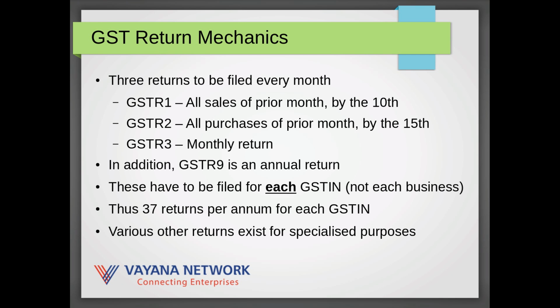A little bit about the returns. There are 3 returns to be filed every month. There has been discussion about whether it's 3 returns or 1 return, but if you look at the nomenclature itself, it actually makes it quite clear there are 3 returns, and the 3 are GST R1, which is GST return 1. That is the return indicating all the sales made in a month.